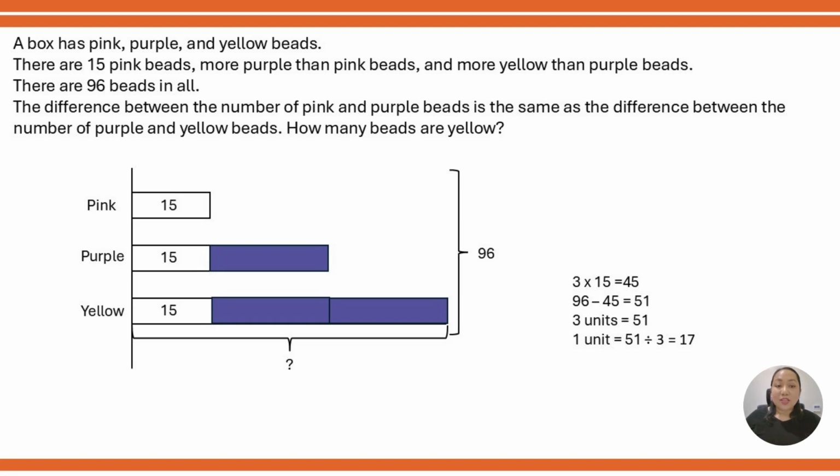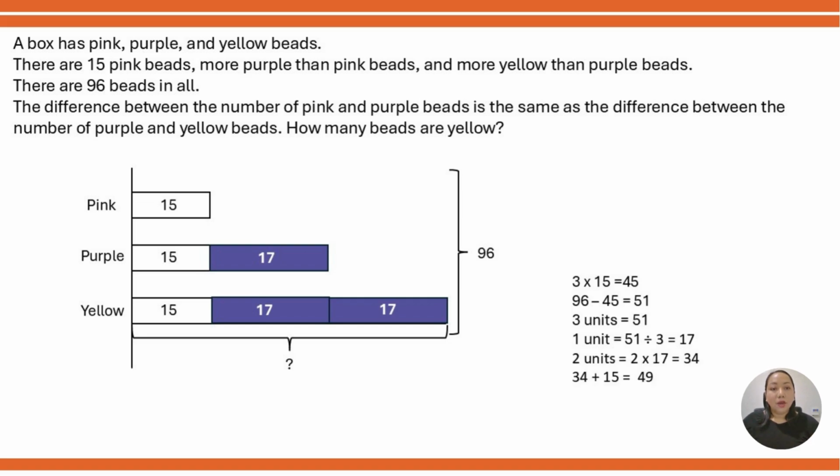So, to get what one unit is equal to, all I have to do is to divide 51 by 3 and that will give me 17. Let us now label those parts 17. What we need to find out in this word problem is the number of yellow beads. So, looking at the model that we have here, all we need to do is to get the sum of 15, 17, and 17, and that will give us the number of yellow beads.